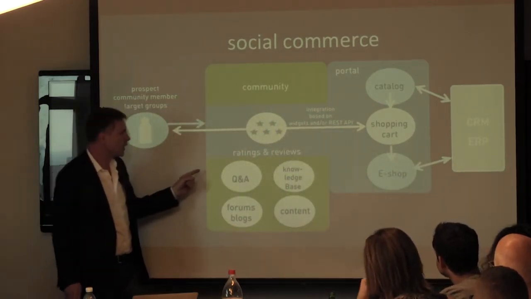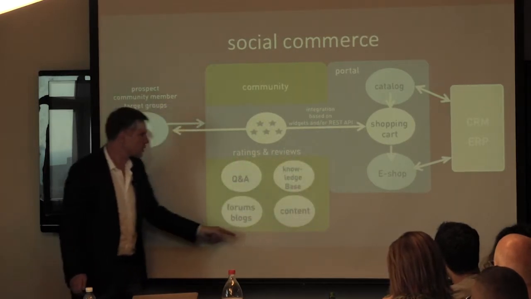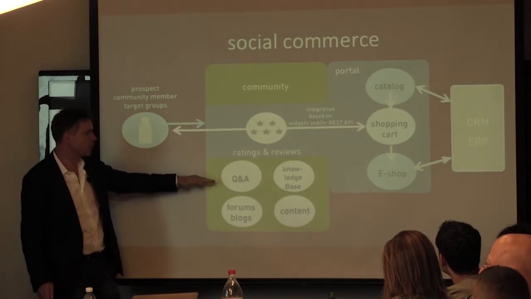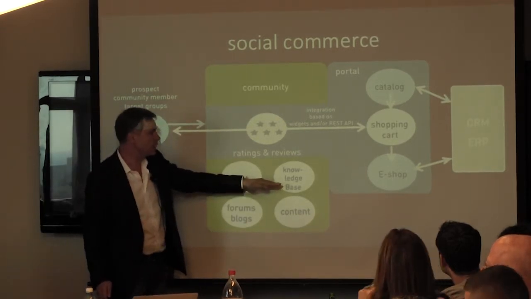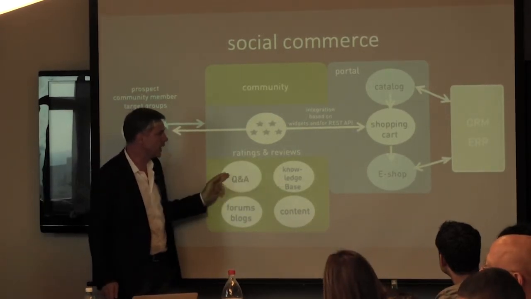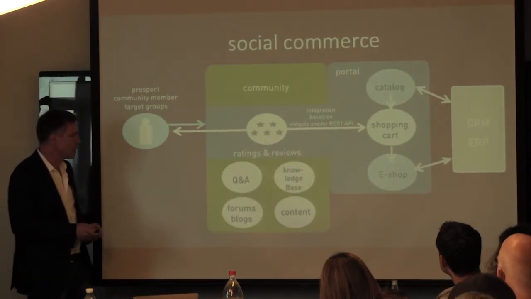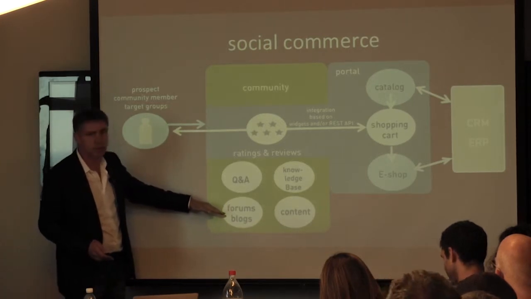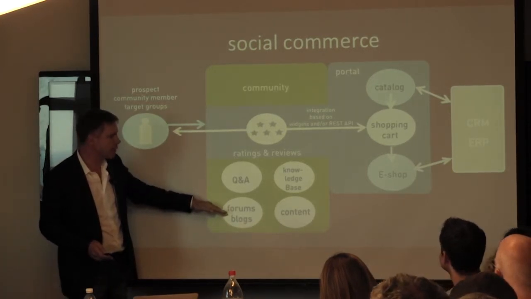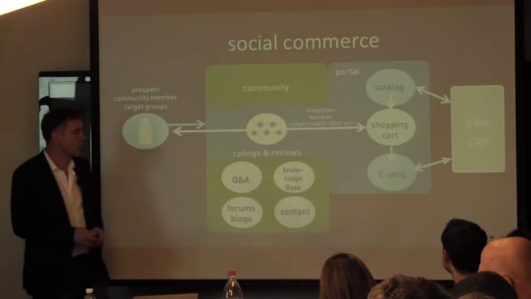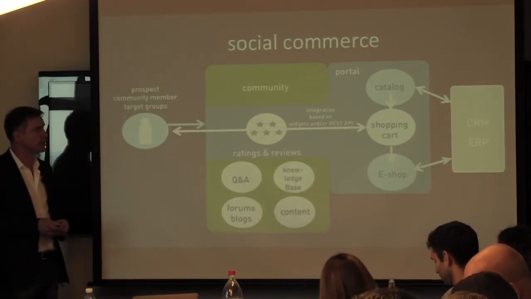And they also use other social tools like question answering and the knowledge base, built on user-generated content, to educate themselves about the products they're interested in. They use forums and blogs to ask other customers for help. And of course, they use content generated or provided by the company.